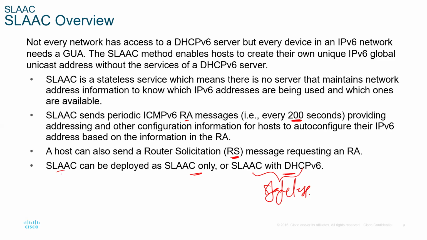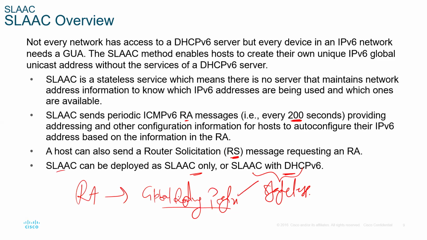So SLAAC allows us to get an RA message. From the RA message, we get the prefix, the global routing prefix, which is the network portion. In IPv4, this is the network portion. So from the RA message, we get this network portion.